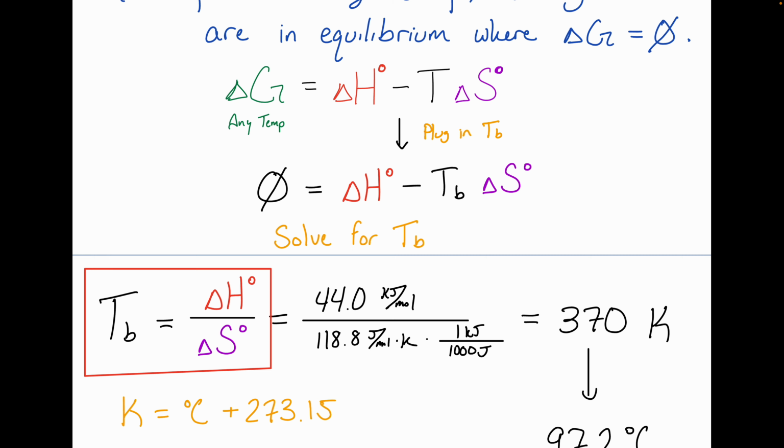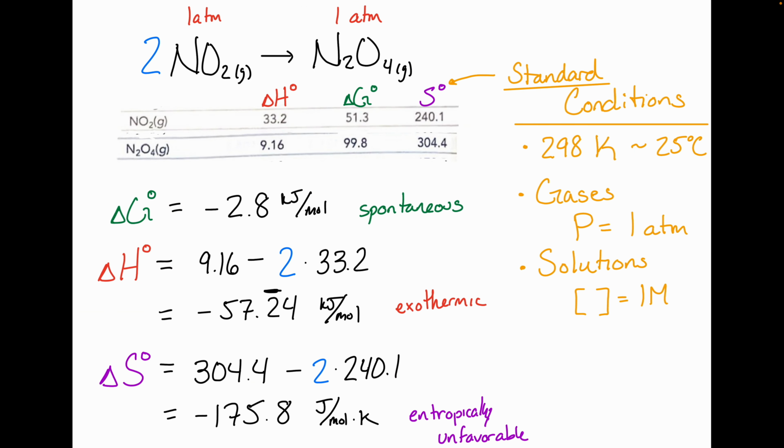All right, and then the last aspect of standard conditions was that it's a really specific amount of substance that you're starting with, either 1 atm of all gases or 1 molar of all solutions, right? So it's a very specific set of conditions that tells us whether or not our reaction is going to be spontaneous.